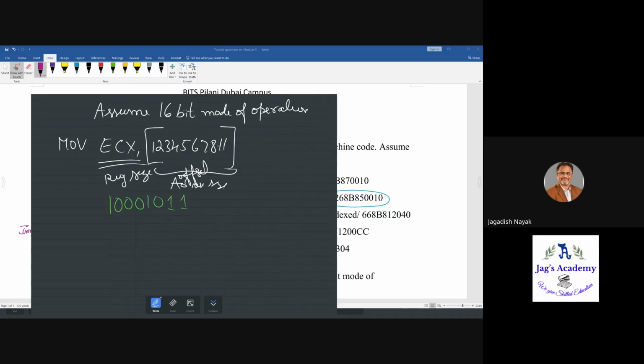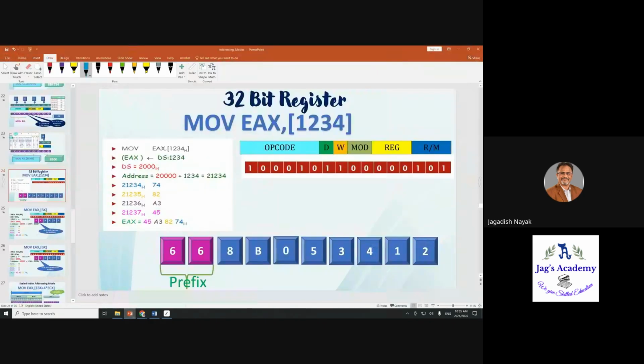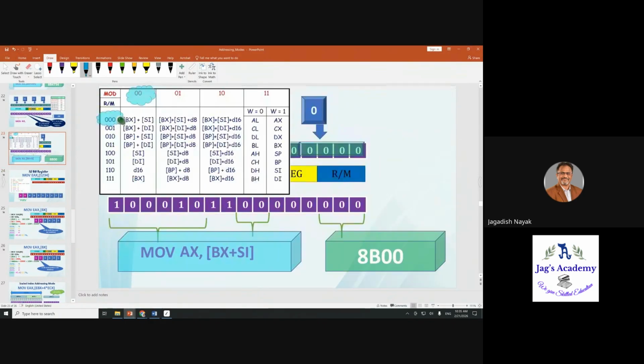W bit is 1. What is REG? 001. Okay. Now, what is the R/M bit? Actually, you should refer to D16 only, right? We are putting violation anyway. You put D16, or you check if any D32 is available there. Can you check the table? Not available, right? You only have D16. Okay, you put that.